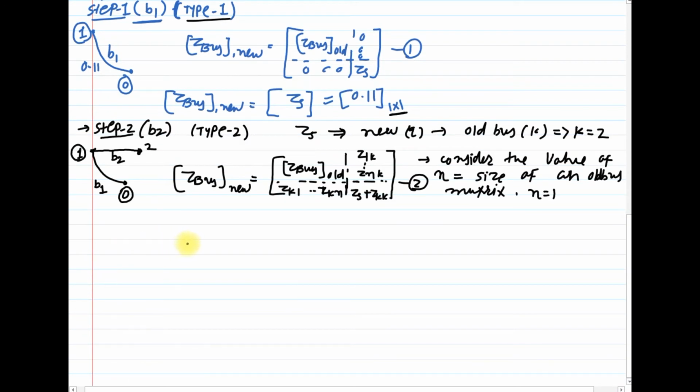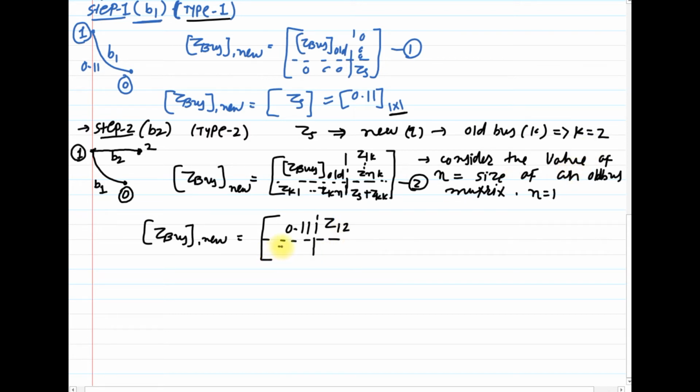So we will get the final equation, which is ZBus new is equal to ZBus old, which is available with us with only one element, and Z1k up to n. Here n is equal to 1, so Z1k where k is equal to 2. Clear?